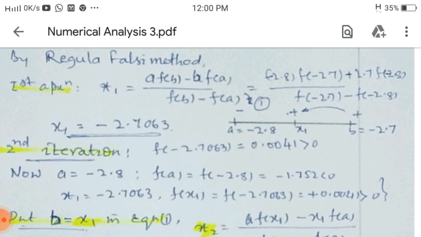It is greater than 0. But a is equal to minus 2.8 and f of a is equal to minus 1.752. It is less than 0, negative. And x1 is equal to minus 2.7063. Therefore, f of x1 is equal to 0.004. It is greater than 0.